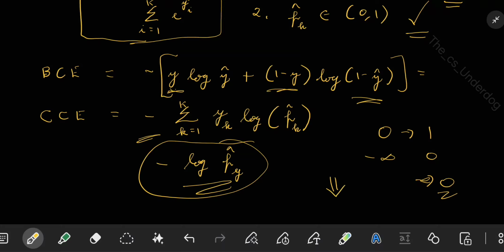The next logic is when this probability is close to 0. Instead of 0.9, let us say the probability is 0.1 for the true class. This is actually a wrong prediction. 0.1 is very close to 0, which means if you take log of it, it will be very close to negative infinity.